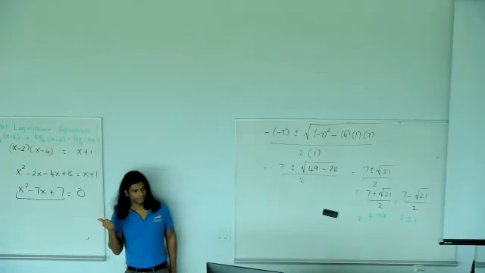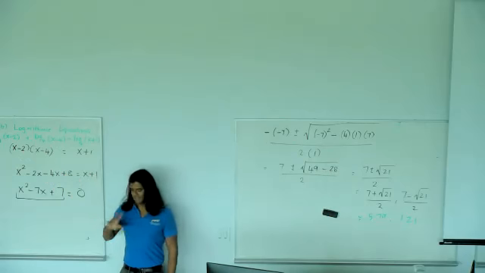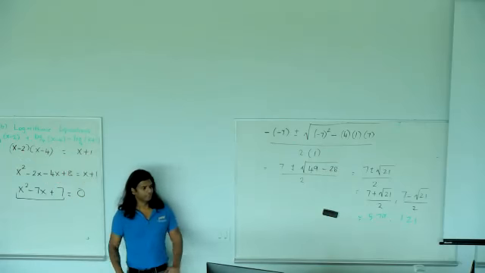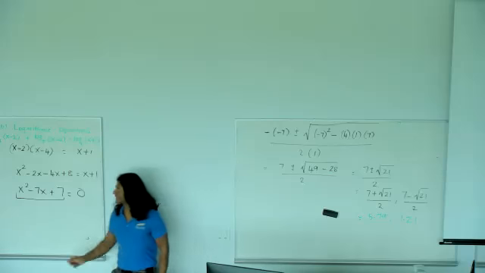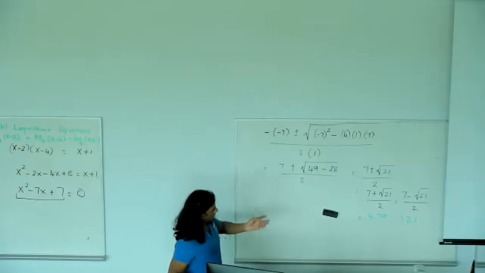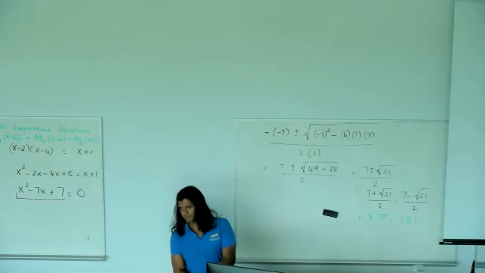Does that make sense? Negative times negative in this problem is perfectly fine. Positive times positive is perfectly fine. But if you end up getting a positive and a negative, that's a problem. Good. So here, both of them are proper solutions for that equation.